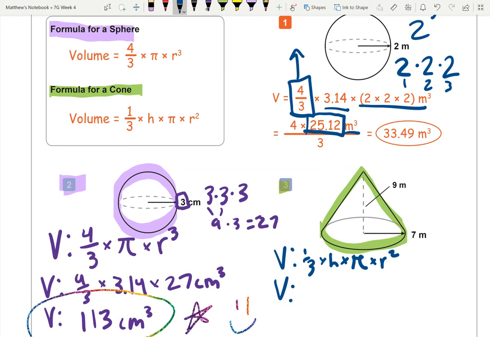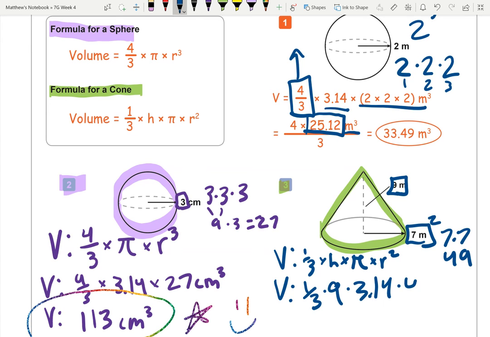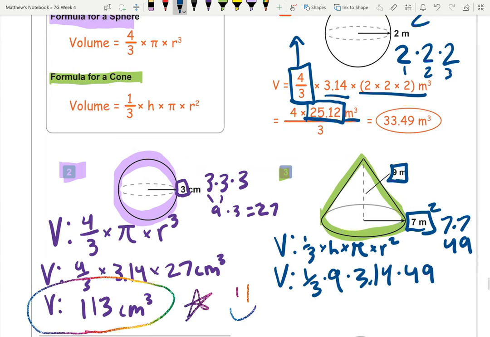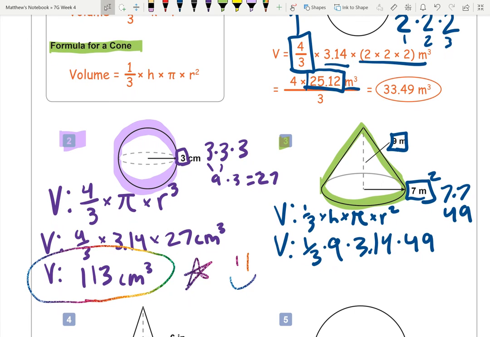And now we can go ahead and start filling in for these variables and for the radius. And so now we have 1/3 multiplied by the height of 9 meters multiplied by pi, which is 3.14, multiplied by the radius squared. Since our radius is 7, we're going to square it. Do 7 times 7, which gives us 49. So now that I have 1/3 times 9 times 3.14 times 49, I just need to multiply all of that together and see what it gives me.